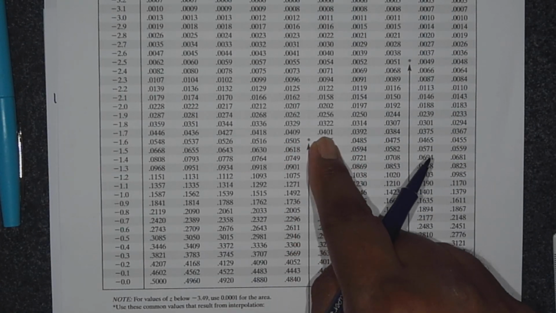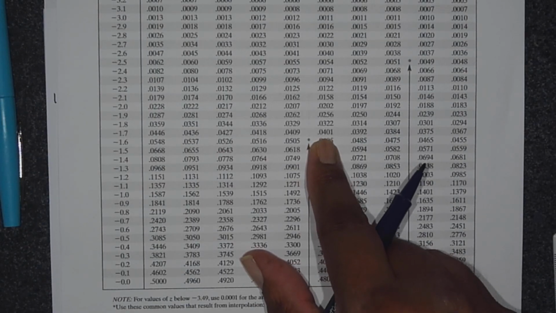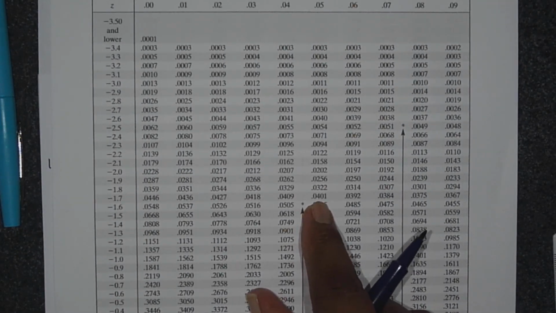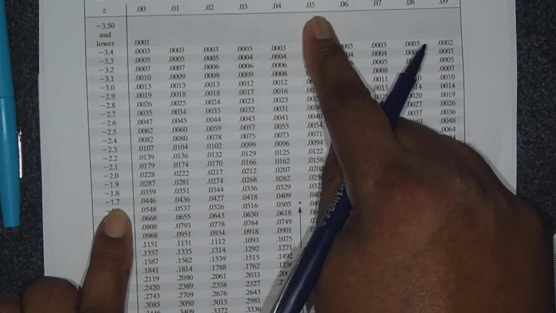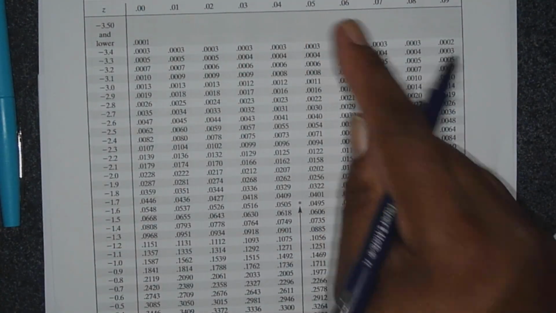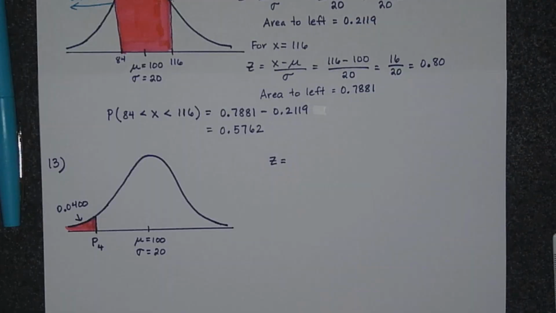Well, I see 0.0401. So to the left and above, negative 1.75. That would be your z value.